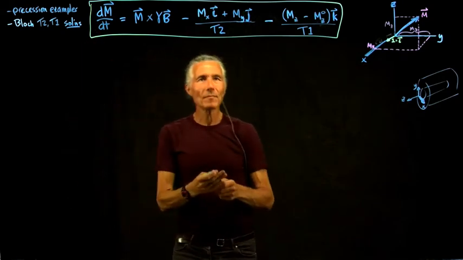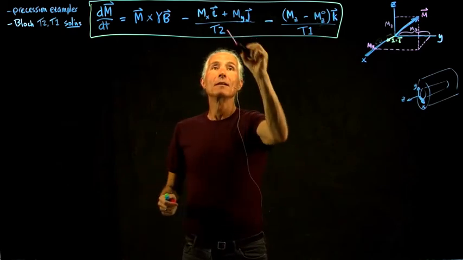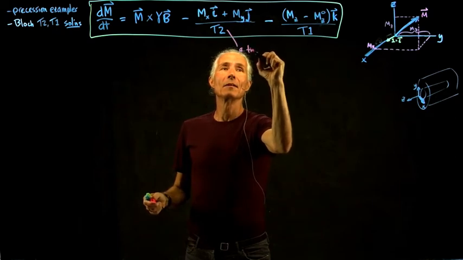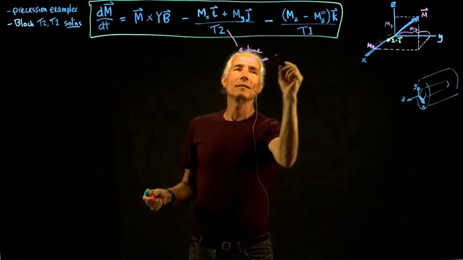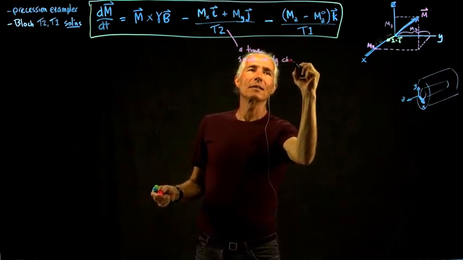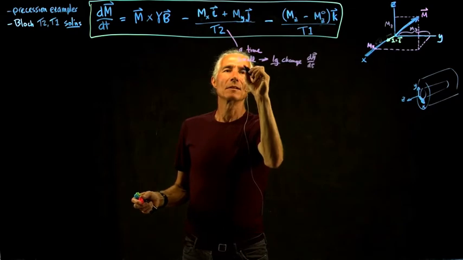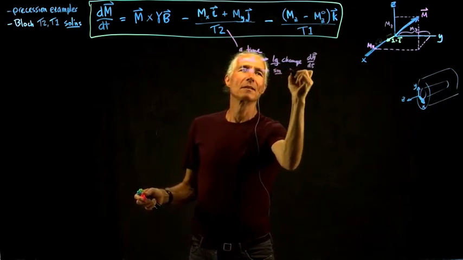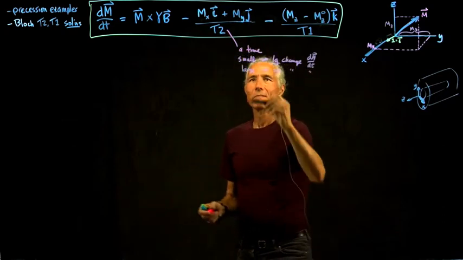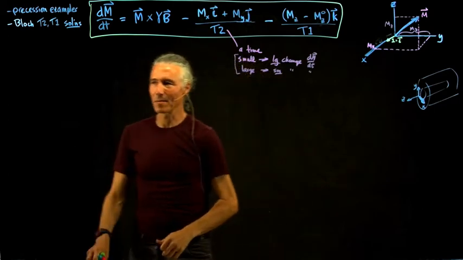So a small time means a large change in dm/dt, and a large time means a small change. That's why the time constant is in the denominator.